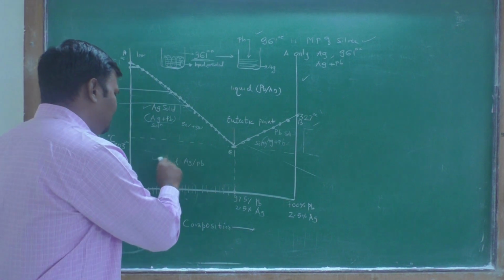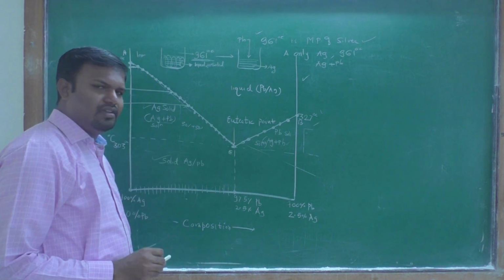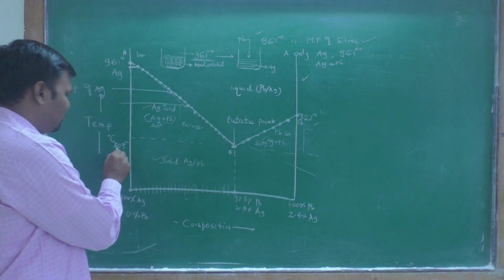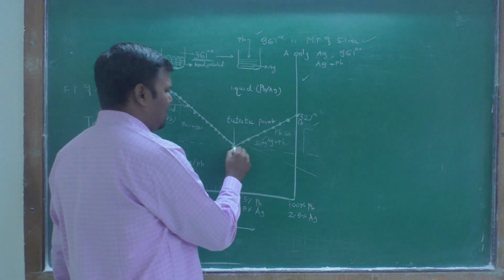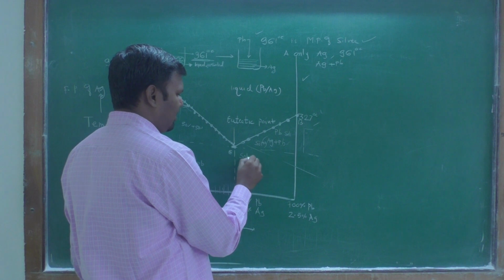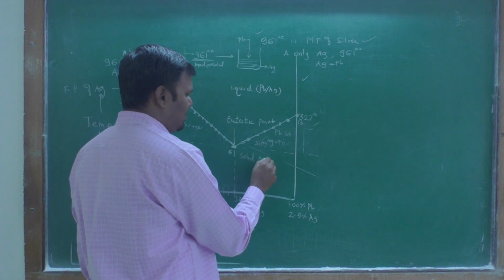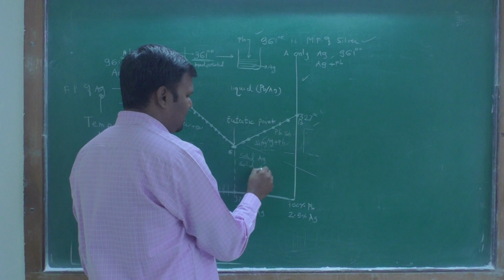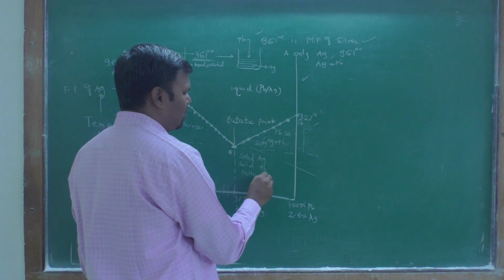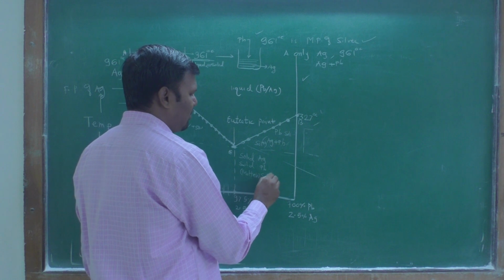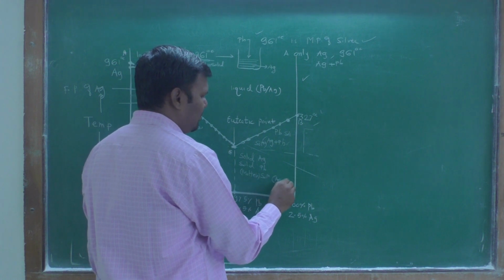Below 303 degrees Celsius there is solid Ag and solid Pb present, and at point C, solid Ag, solid Pb, and also molten solution of Ag and Pb are present.